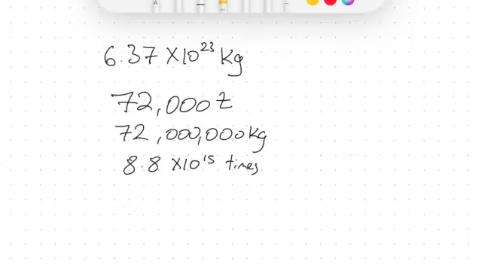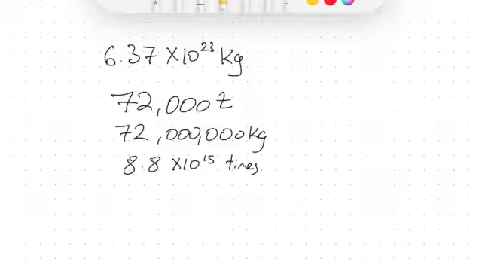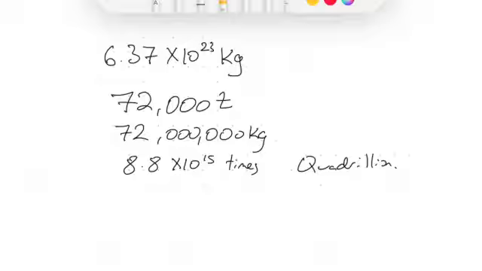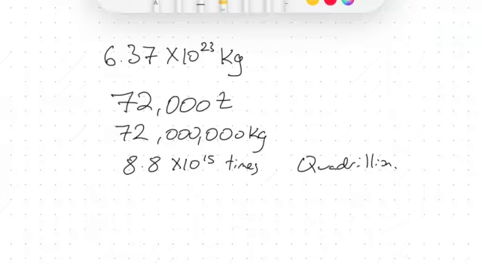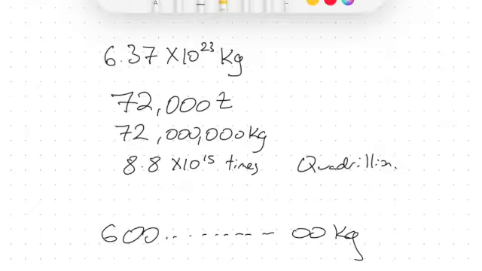But to the 15, it's one bigger than a trillion. It's quadrillion, I think. So it's 8.8 quadrillion times larger, more heavy than a battleship. That's really, really heavy. Or you write 6 with 23 zeros behind it, which is a lot of zeros. Kilograms. So Mars is really, really heavy.